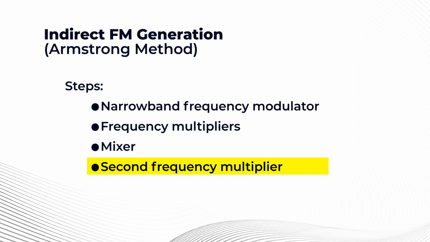This step ensures that the FM signal meets the specific requirements for transmission, such as the desired bandwidth and fidelity. The final output of the second frequency multiplier is the final FM signal, which has the desired frequency deviation and carrier frequency. This signal is now ready to transmit over the air and through the communication system.